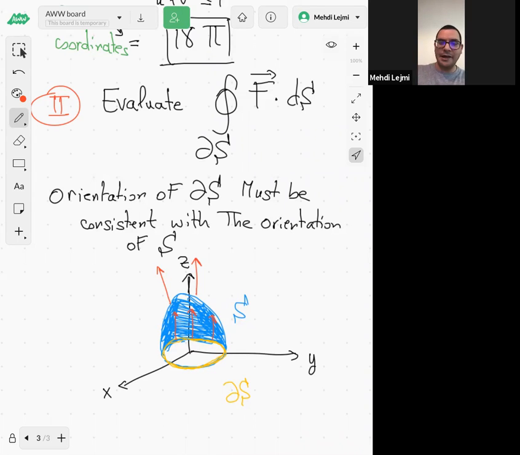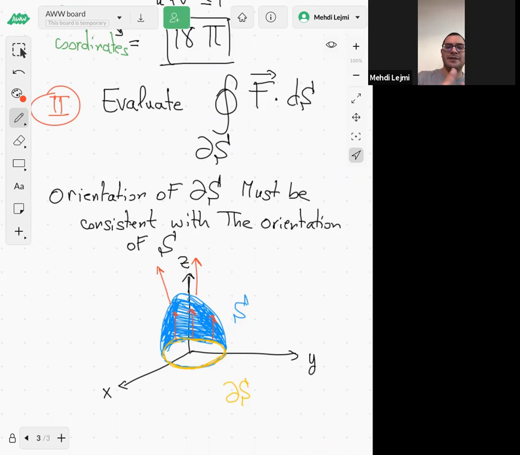Now, my index finger points along the orientation of the boundary of the curve, right? And so the middle finger points inside the circle. Okay, so you see here when my fingers curl in the direction of the orientation, the thumb points along the orientation of the surface S, so it's upward pointing, right?